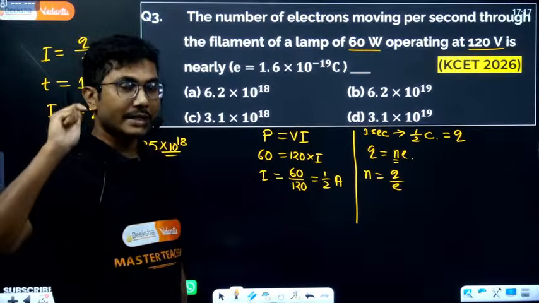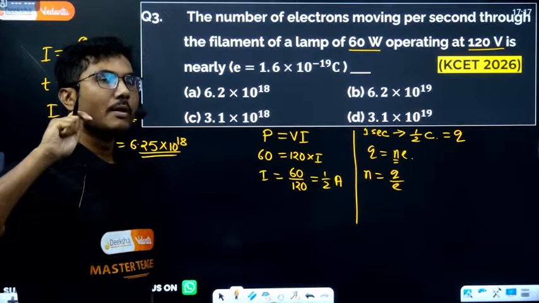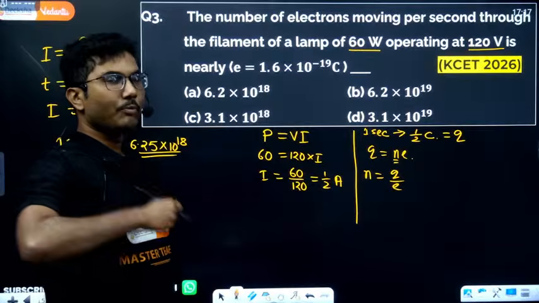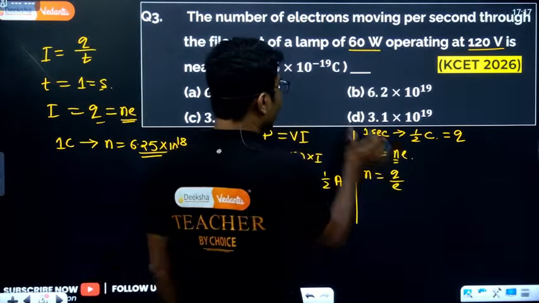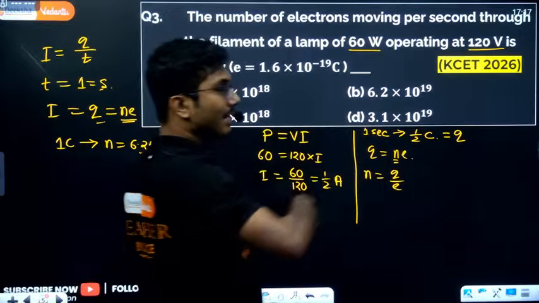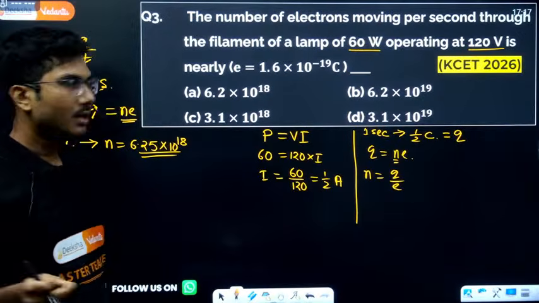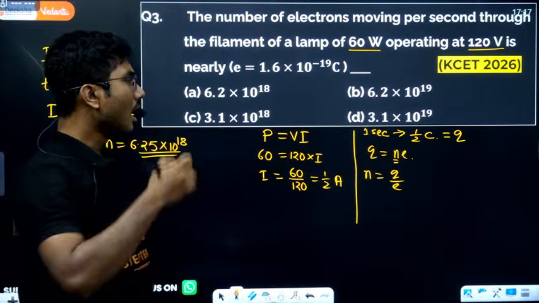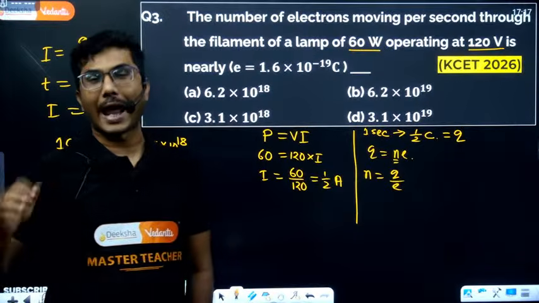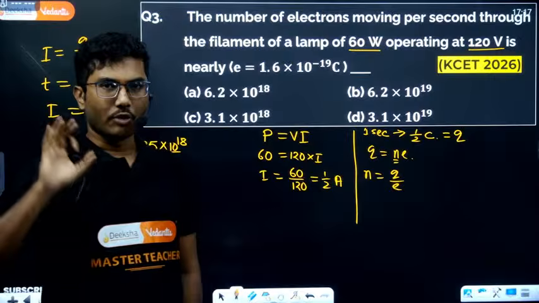If it is asking you about quantization problem, many cases they will give you 1.6, 3.2, 4.8. In that case, you take the charge of an electron, put it here, cancel it, simplify it, done. But here, because you are not allowed to use a calculator, half divided by 3.2 can be a little bit tricky for you to simplify.